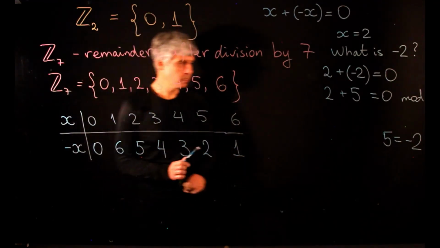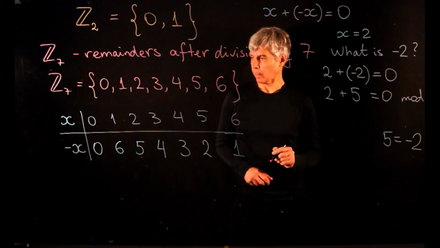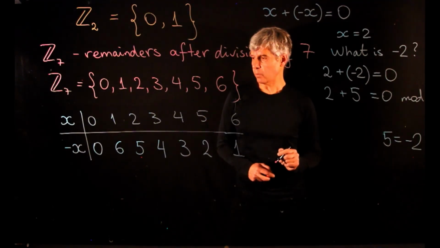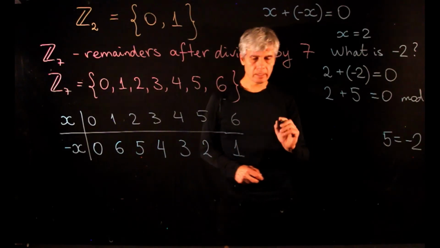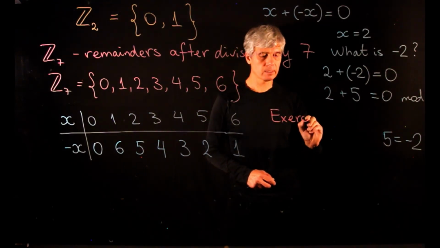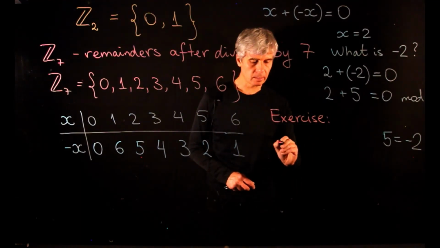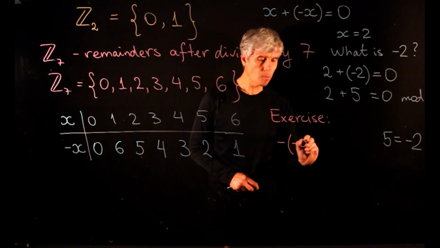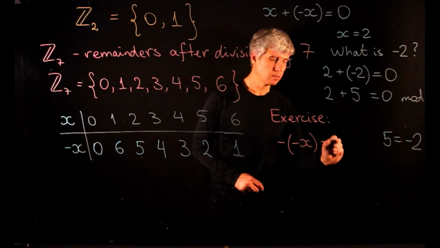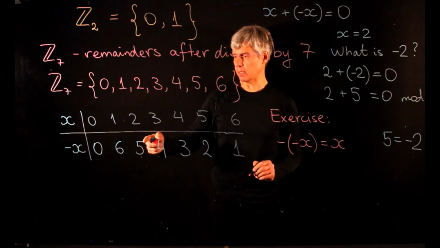By the way, here we can see one more fact that we can also list as an exercise. If we take the opposite of an opposite of x, this is equal to x, and we see this in this table.